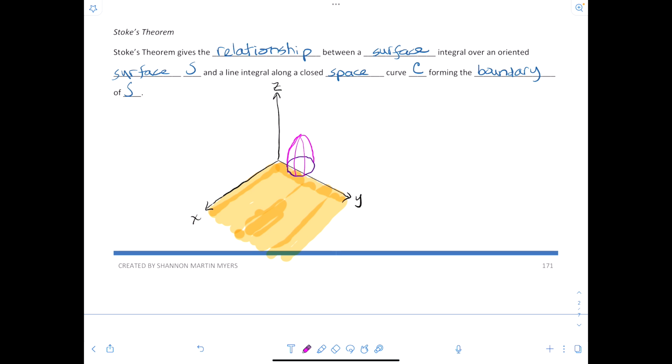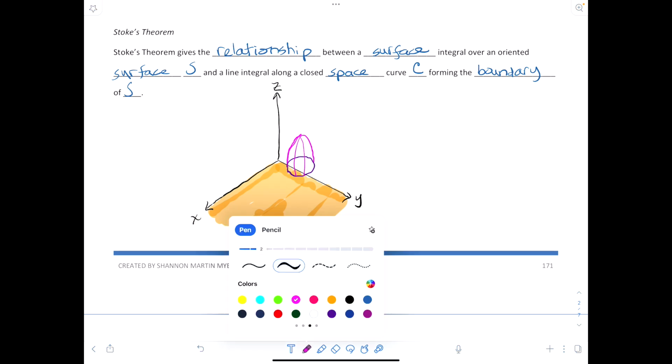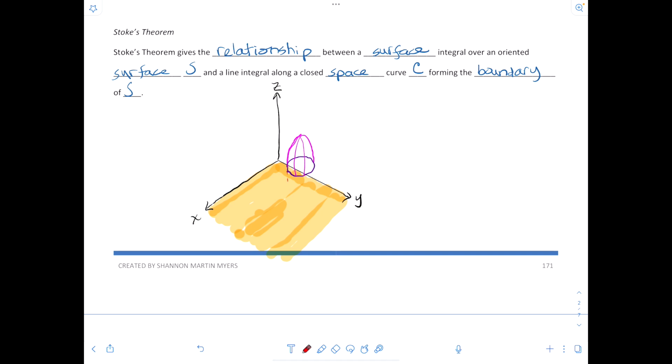And then of course, this is 3D. And then what happens is, if you map it down into the plane down here, you can take a look at that circular region. And that is your R. Cool so far? All right, and this, of course, has that positive orientation counterclockwise.